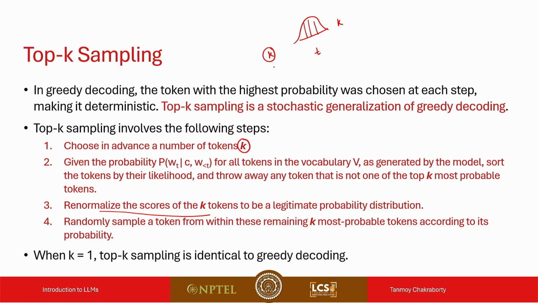Now in the probability you have only k tokens, not mod v number of tokens, and from there you choose randomly. So you are essentially doing random sampling within the top k tokens, not mod v tokens.